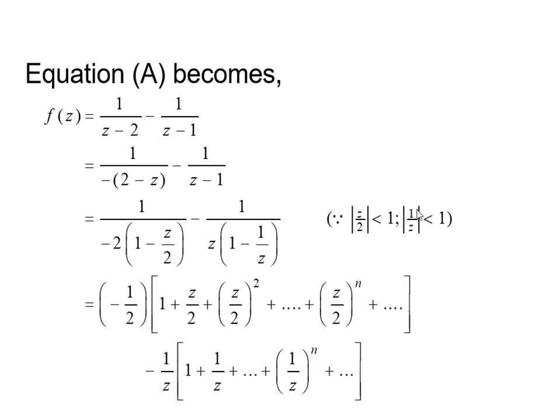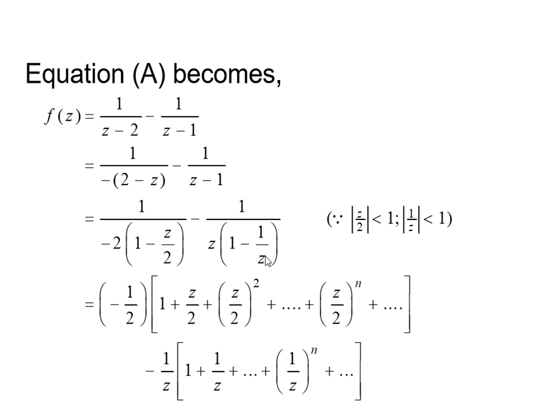Then the second term, take the z outside, because we have 1 by z as the second region of convergence. So we rearrange the second term to get it in terms of 1 by z. The first one I took 2 outside, the second one I take z, because I have z by 2 and 1 by z. Correct?